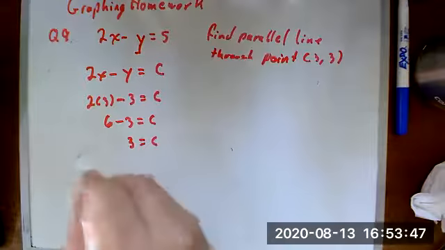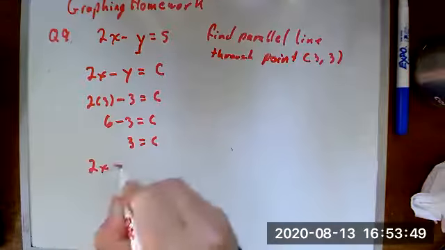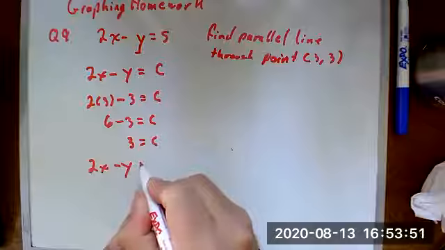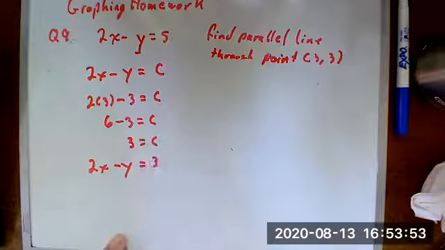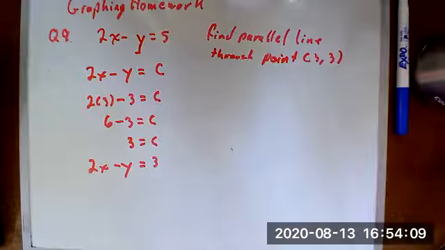Which means that our parallel line, which we already know because we figured it out the other way, is 2x minus y equals 3. So that's one of the ways that you can jump to a parallel line in standard form without having to go through the process of rearranging it into slope y-intercept form.